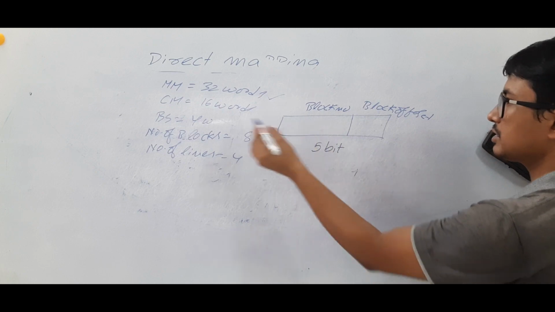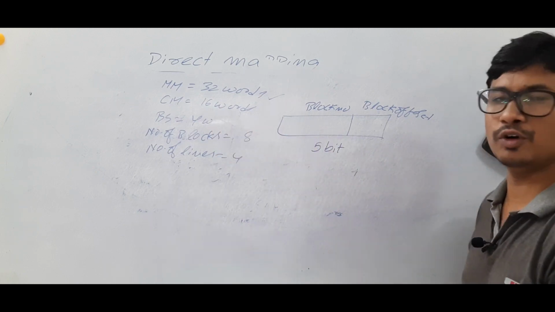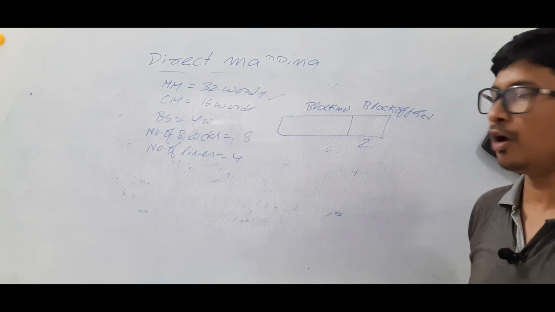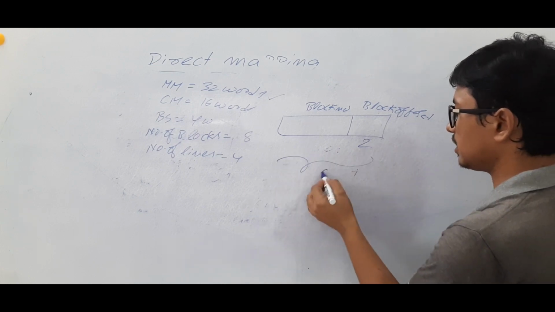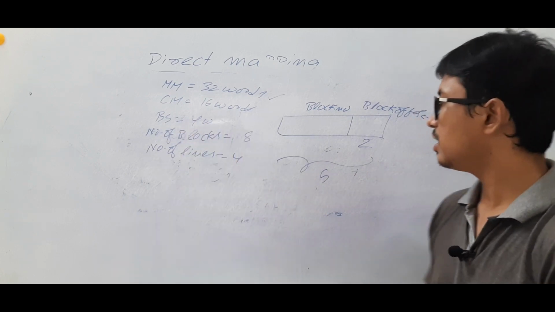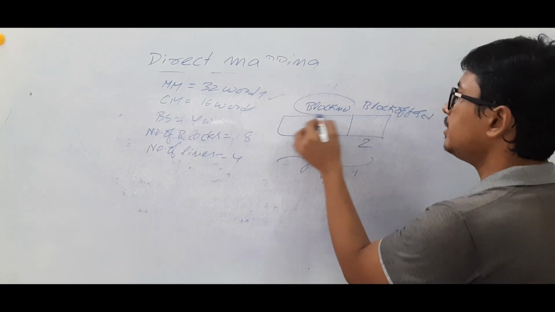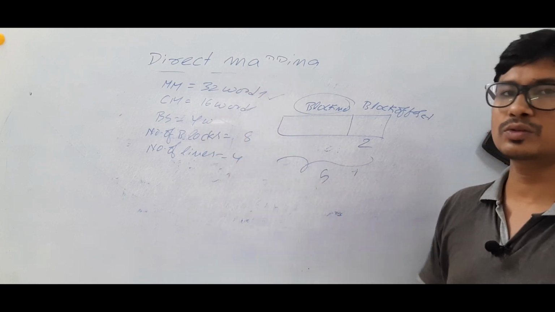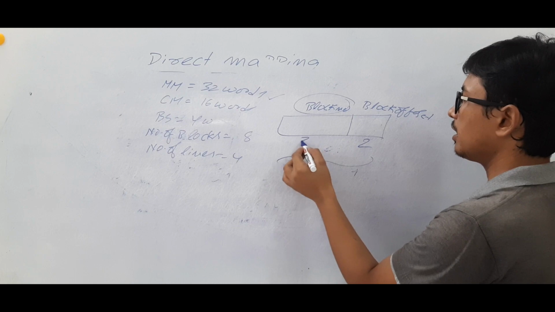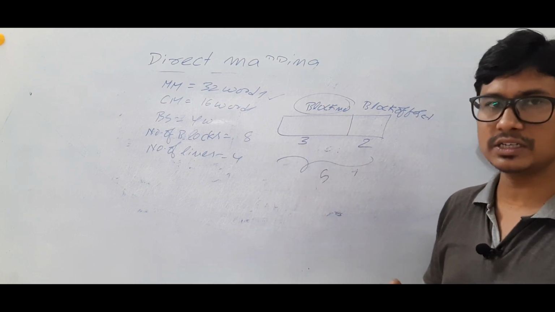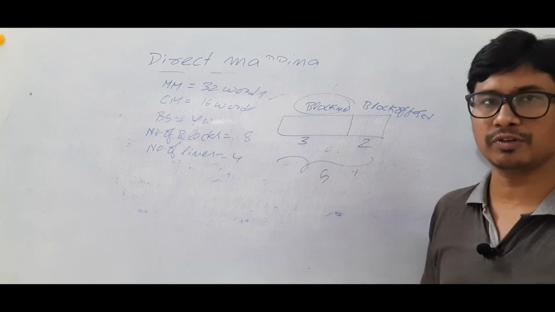In the previous video we discussed that the block size is 4 words, so you need 2 bits for the block offset. Totally 5 bits are there. 2 bits are allocated for the block offset because the block has 4 words. Now, how many blocks are there in the main memory? 8 blocks, which can be identified using a 3-bit block number. This is the way a particular word can be searched from the main memory.